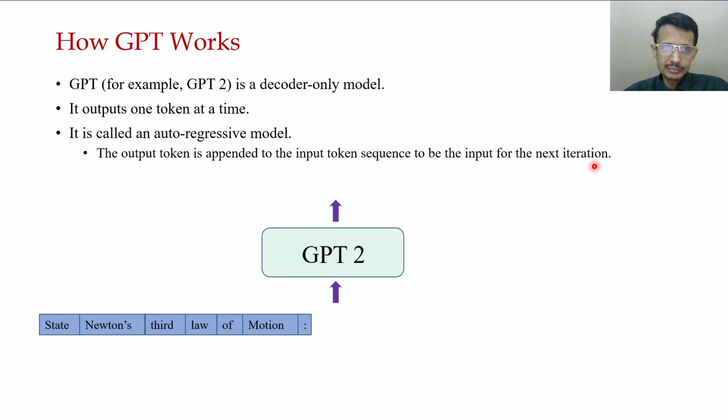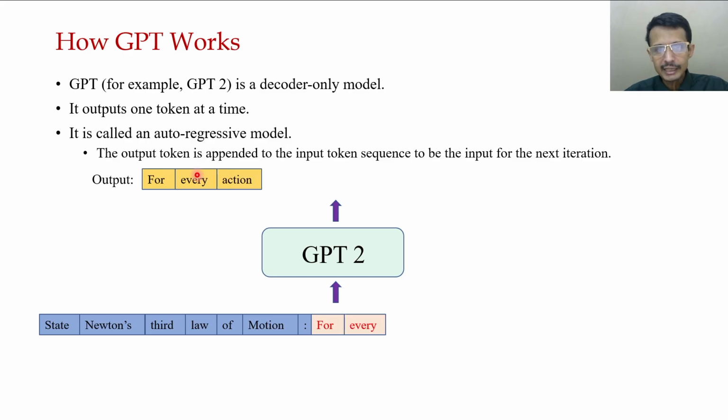Now you see this prompt is being given: State Newton's third law of motion. First, what does GPT do? The first token it will generate is "for". Then this "for" comes here as input. After this prompt generates "for", this "for" is appended here. Then again it generates "every". Next, "every" will come here and it will generate "action".